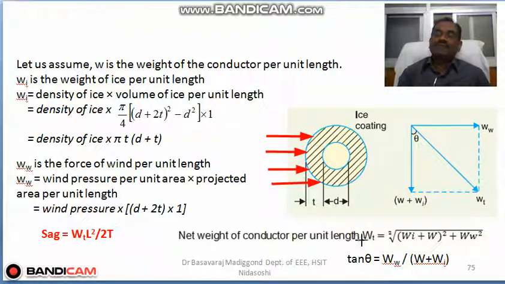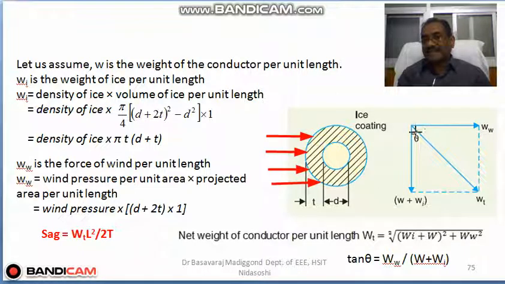If you substitute the value of Wt in your equation, we can calculate the sag. Sag is given by Wt into L square by 2T, and this is called the slant sag.